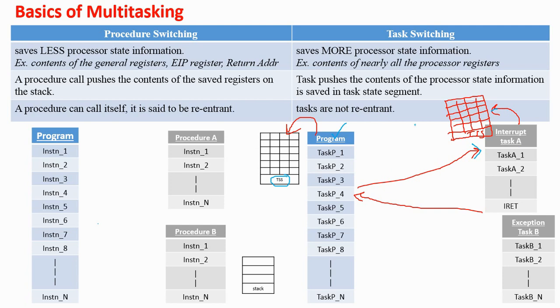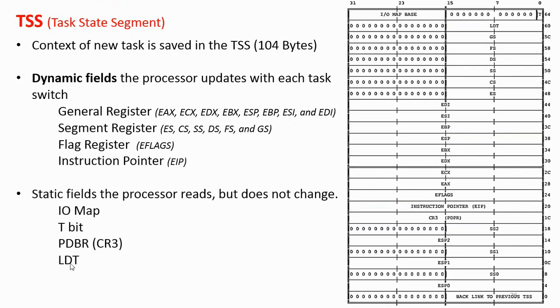Here there are some fields which remain constant, and some fields which get changed as the task changes. The dynamic fields are those fields which get changed as per the task switches.